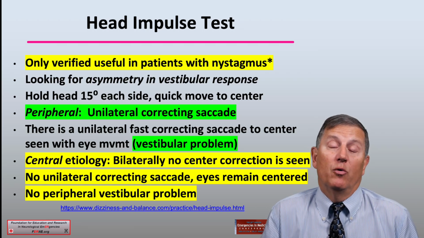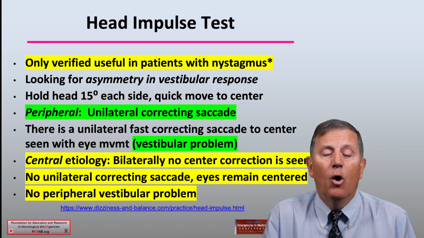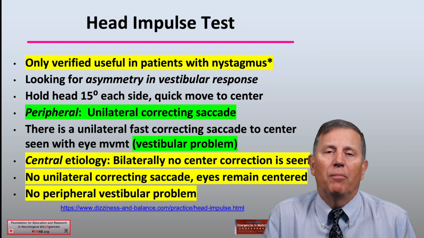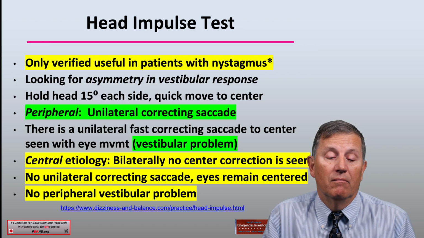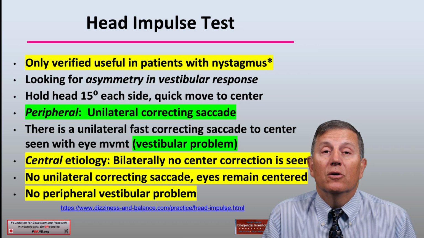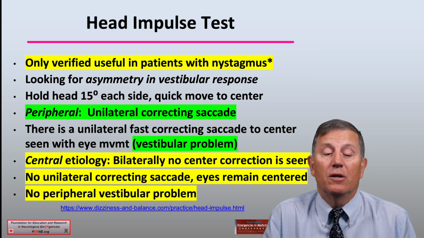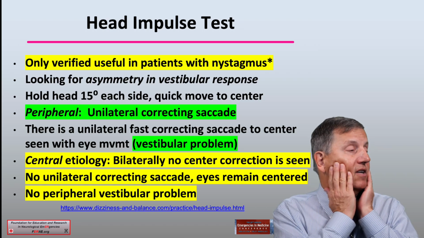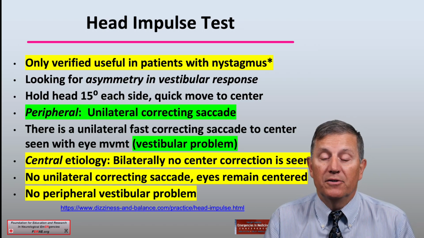If the patient has no nystagmus whatsoever, consider a central etiology. What we're looking for on the head impulse test is an asymmetry in the vestibular response. So what is done is, with the patient who has vertigo with acute vestibular syndrome in the emergency department, you move the head 15 degrees to the side and then quickly move the head to the center.